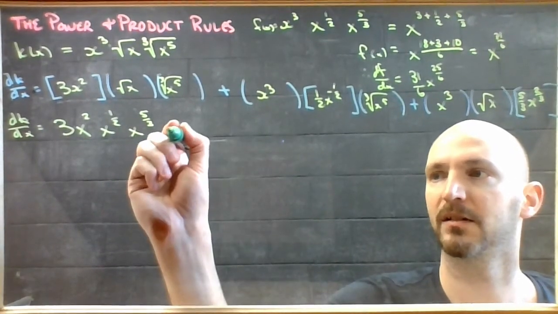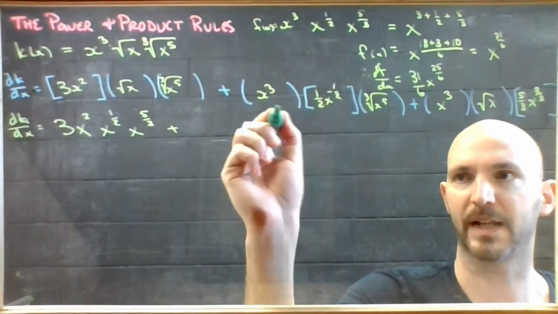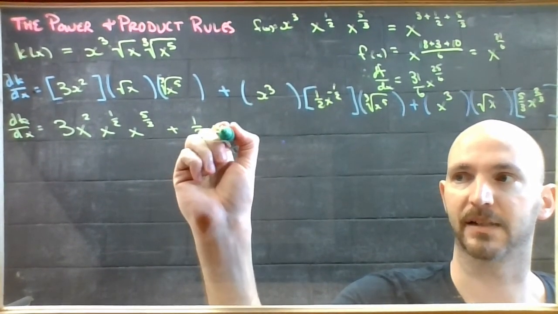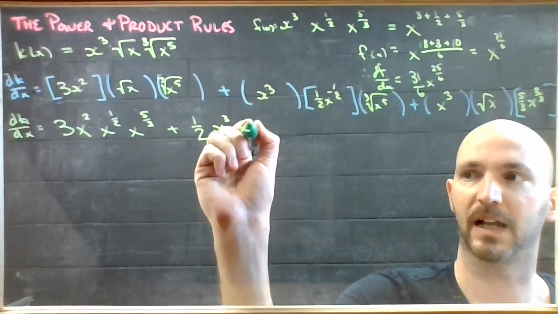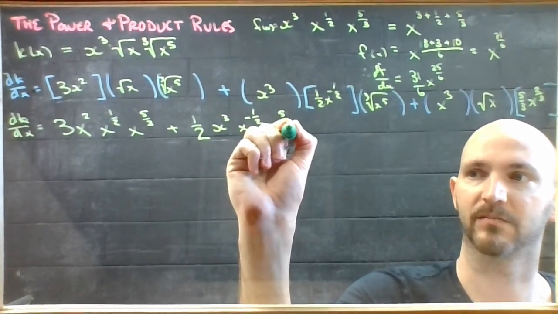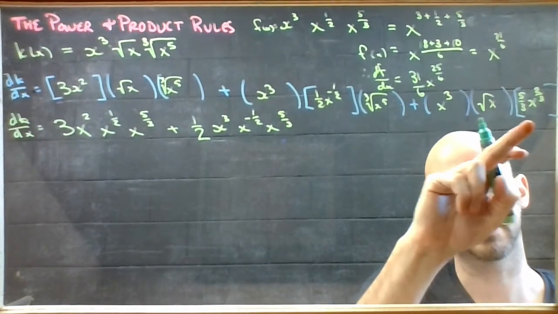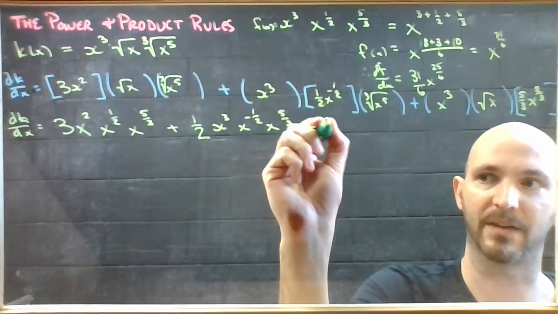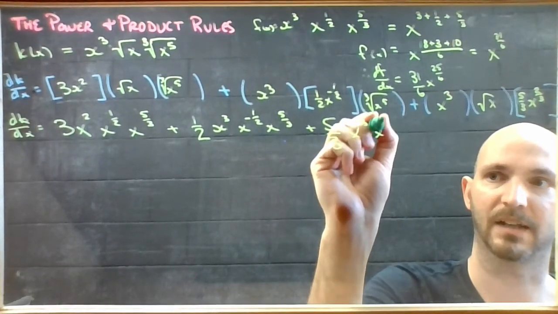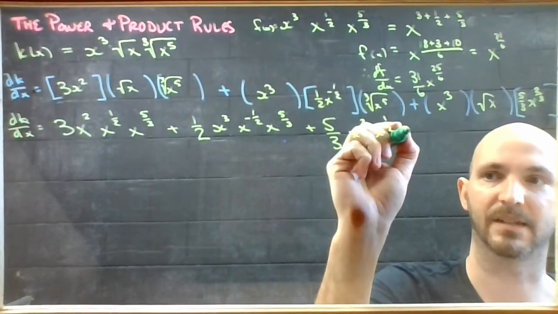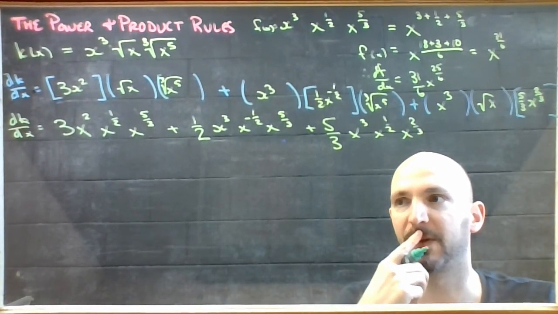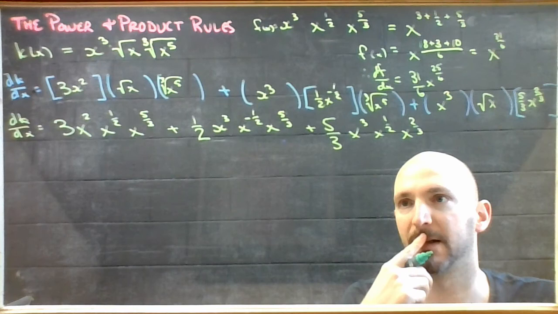This one, 1/2 is the only number I have. x cubed, x to the negative 1/2, x to the 5/3. This, the only number I have, is 5/3, x cubed, x to the 1/2, x to the 2/3. Okay, so how am I going to simplify this?